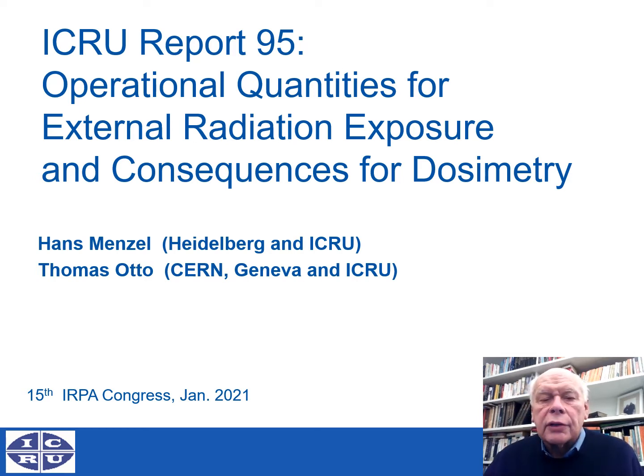The topic is the ICRU Report 95, or in more general terms, new definitions of the operational quantities for the assessment of effective dose. I will not talk about operational quantities for other quantities, particularly not for those dealing with tissue effects.